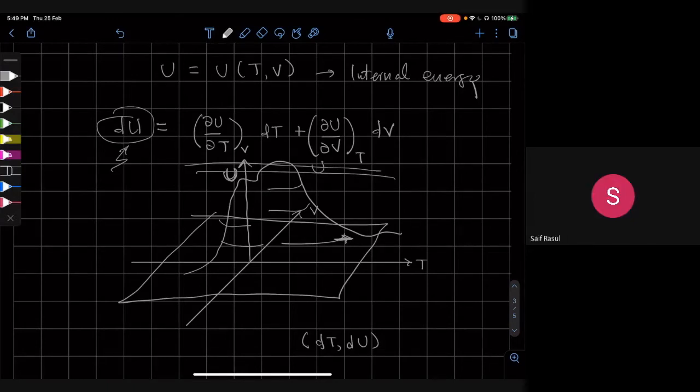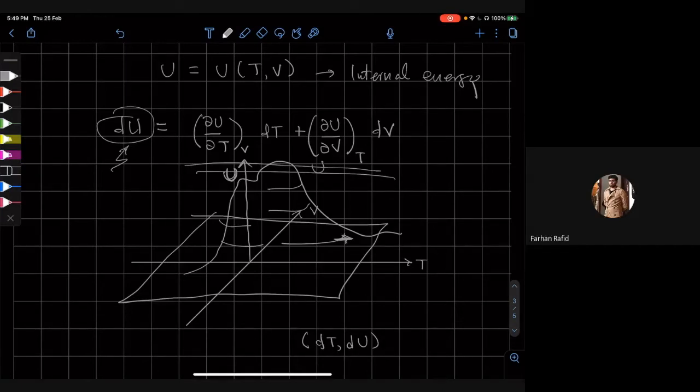If I'm not mistaken, the internal energy does not depend on volume. Isn't that why that one vanishes only for an ideal gas? Sorry, the internal energy doesn't depend on volume for an ideal gas.